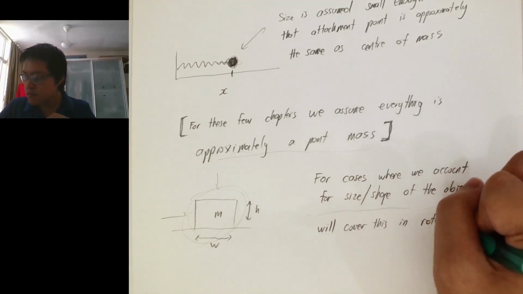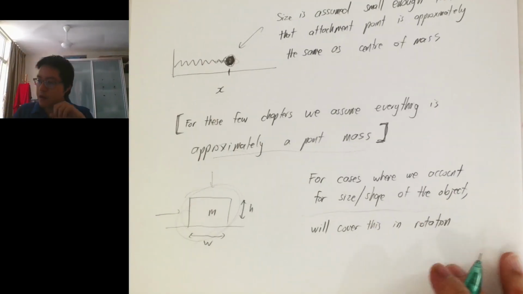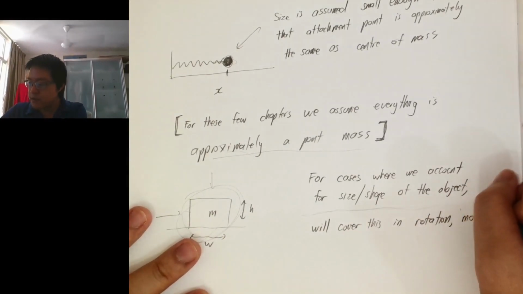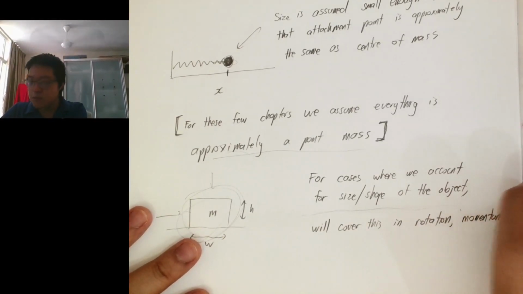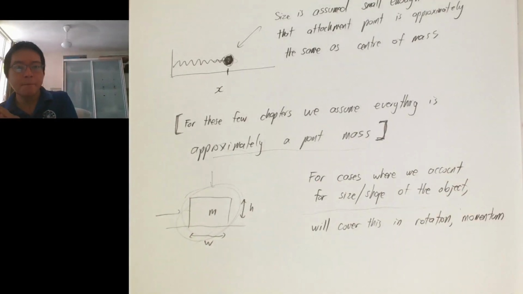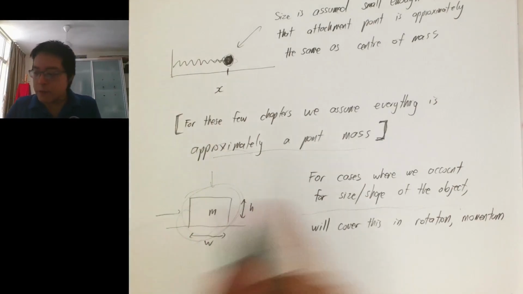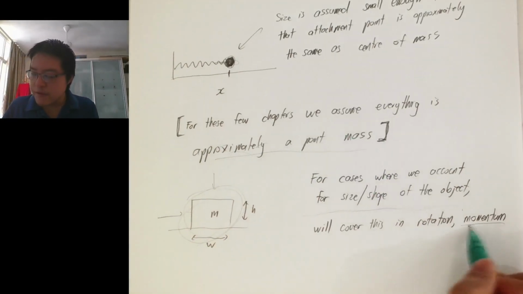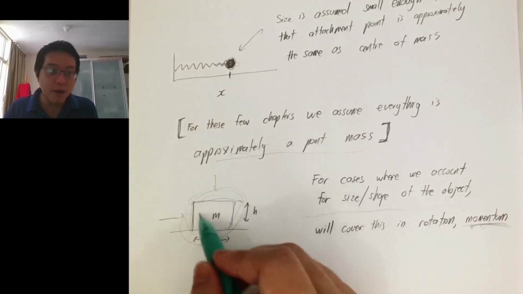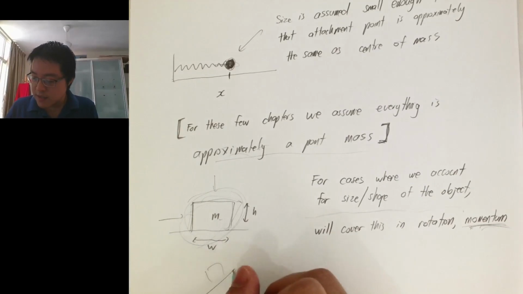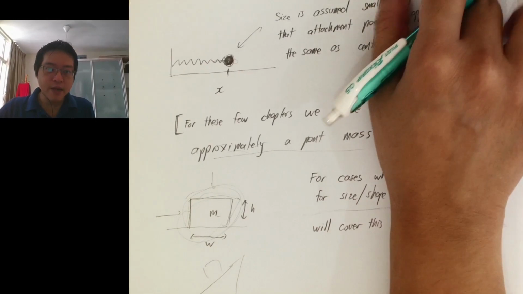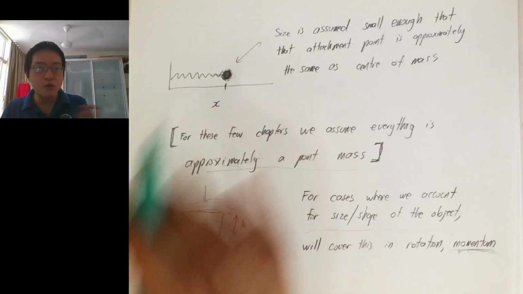In fact, we start covering this in linear momentum, which is where we first learn how to calculate the center of mass. Why did we treat everything as a point mass? It will be proven in the momentum part later. Even if the object is a huge box sitting on a slope, once we calculate the center of mass, we just treat everything as the motion of the center of mass.